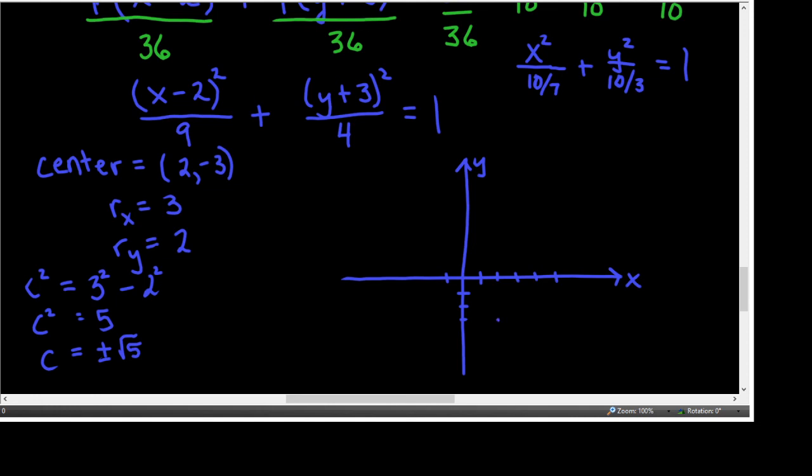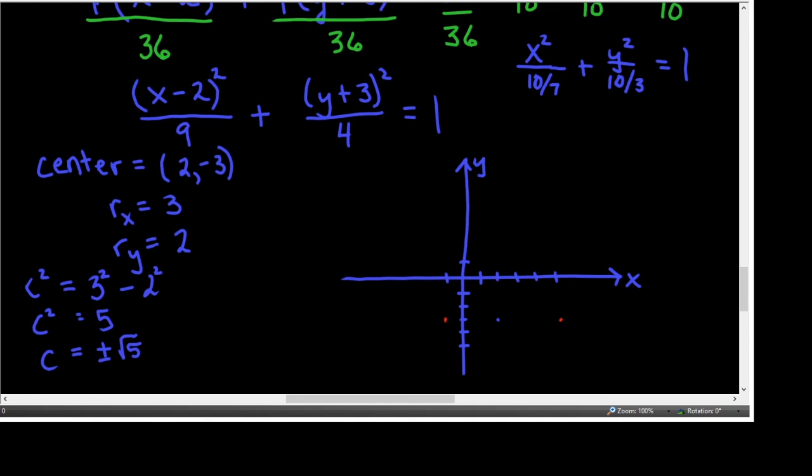And then the y radius is 2, so I'll need to go up 2, no problem. I'll put a 1 up here just for completion's sake. And 2 below, so 2 below that in the y direction. Okay, so from the center, the x radius is 3, so go right 3 and left 3.